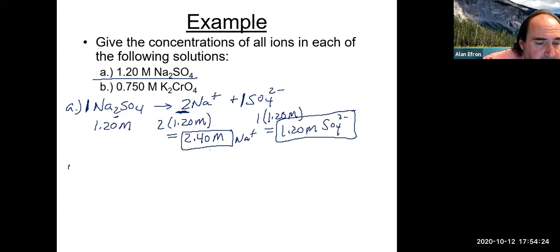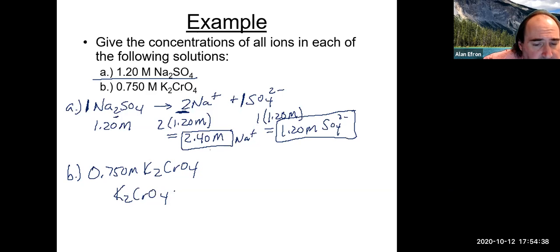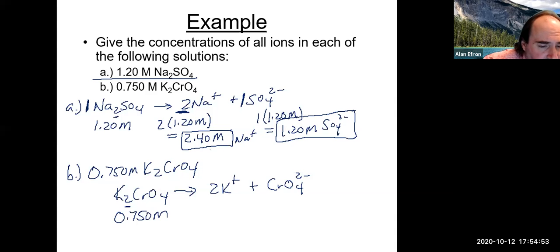So same sort of approach that we would get here for our second guy, 0.75 molar K2CrO4. If we look at the K2CrO4, when it breaks apart, we will actually get 2 potassiums, again, what the little 2 means, and we will get 1 chromate ion, which is this guy. And again, you could apply the same sort of relationship: for every one of the whole thing, we get 2 of the potassium ions.